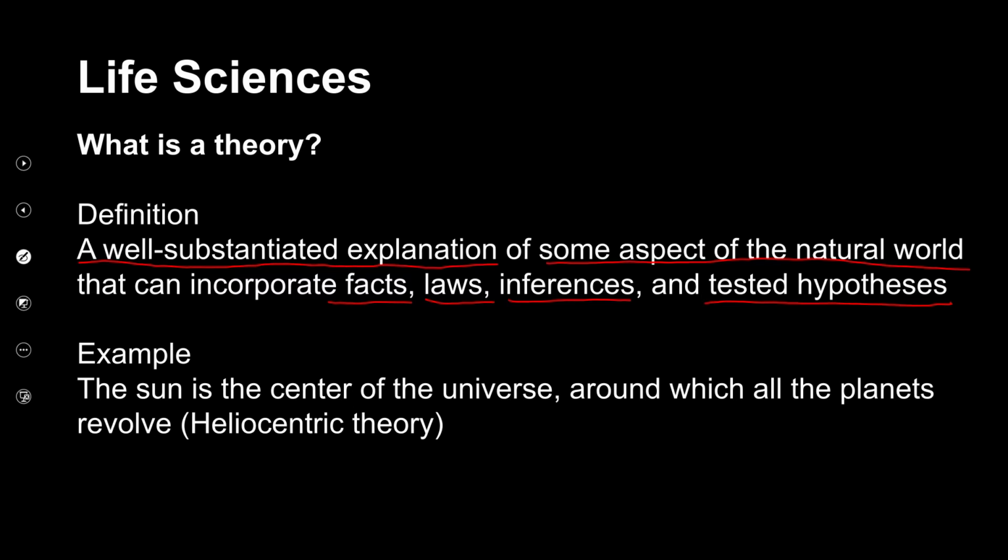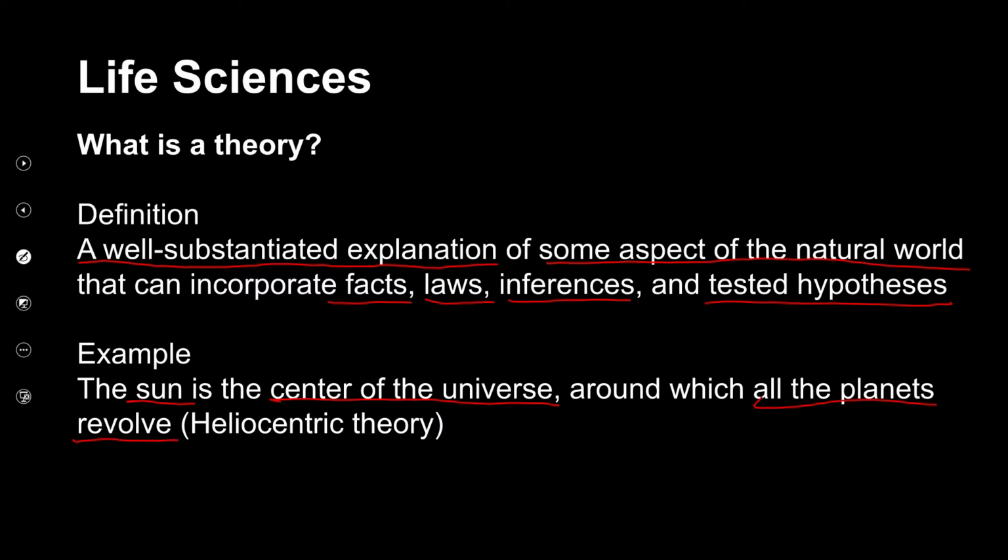If we look at this example, we say, and we accept it, that this is fact, that the sun is the center of the universe. Okay, so everything revolves around the sun. So all the planets, including Earth, would revolve around the sun.